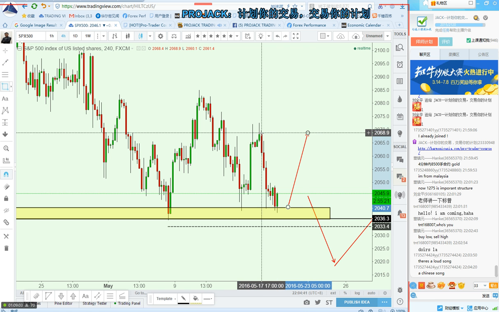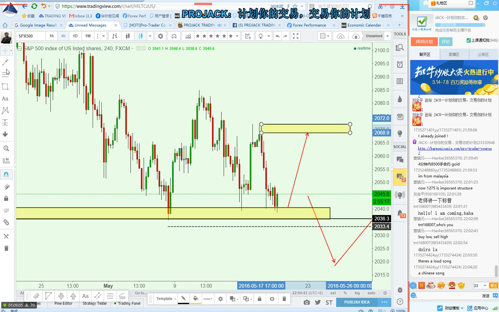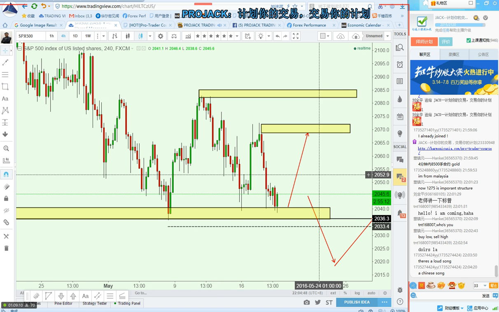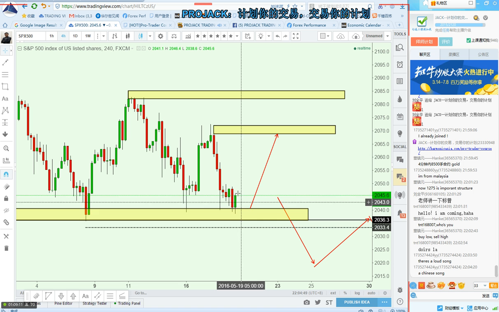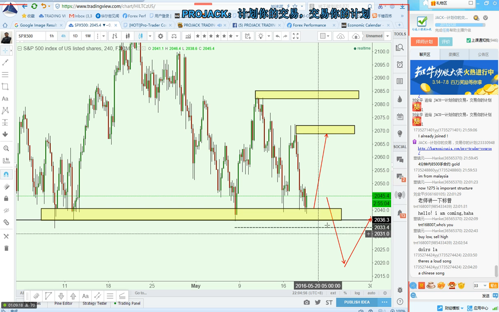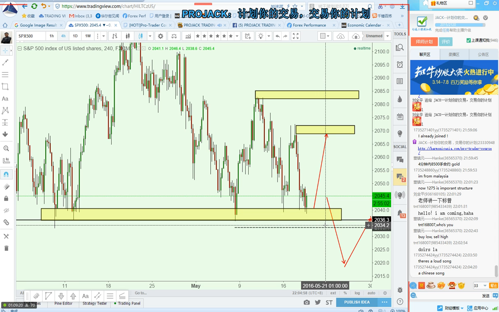This level is the first target. The next target will be around maybe 2085. Definitely, based on the price action, I think it is good to buy S&P. As long as it does not break below 2035, it is safe.